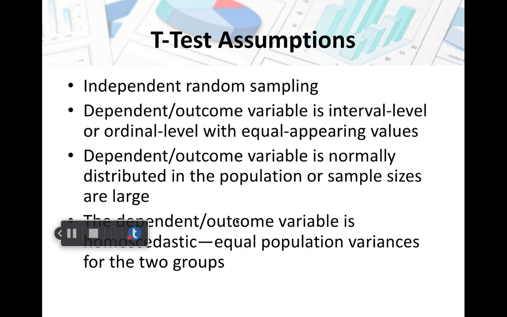So in the independent samples t-test, that means that I randomly sampled men and I randomly sampled women if I'm comparing men and women, and there's not some systematic thing happening. If I was comparing men and women in terms of GPA, let's say, it's not that I happen to sample women from the honors college and men who are on academic probation, because if I did that, then of course there's going to be a difference, but it has nothing to do with gender.